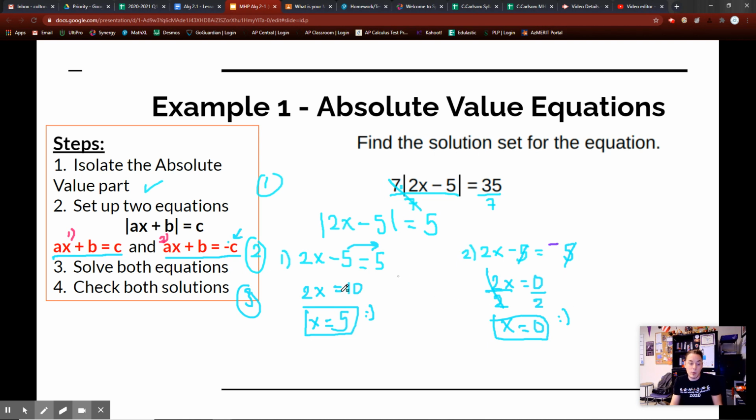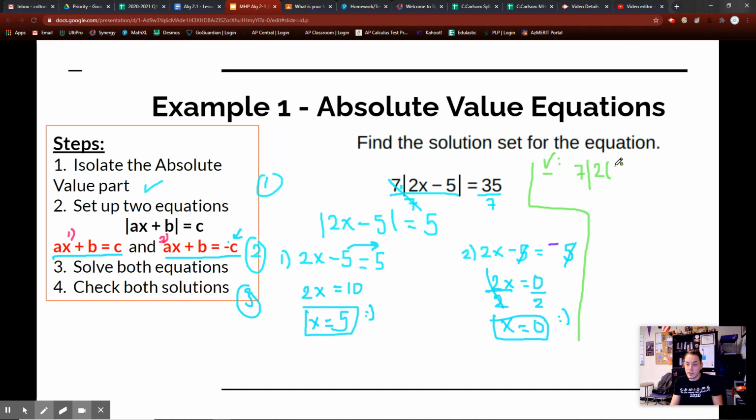Okay. Now, I will show you the check just because I think it's still good to know. What it means is, if I have 7 times the absolute value of 2x minus 5 equals 35, and I plug in my answers that I got, it should check out. It should ring true.